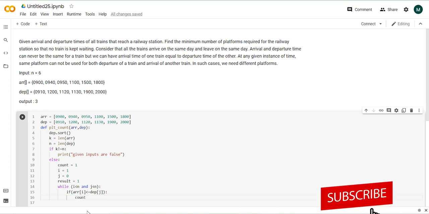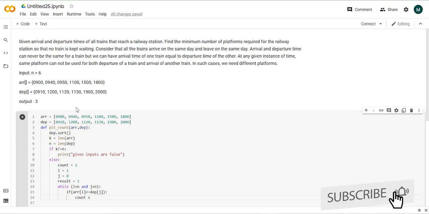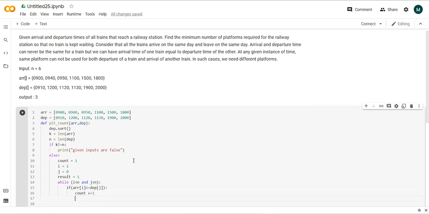If the arrival time is less than or equal to departure, as we have seen in the condition, if the departure of one train is equal to the arrival of another, there should be an extra platform. So we're going to increment the platform count by 1, and then we increment the arrival pointer, i plus equals 1.